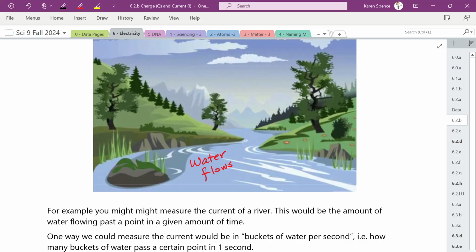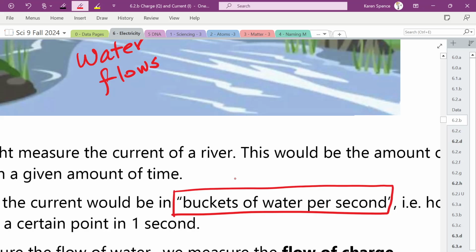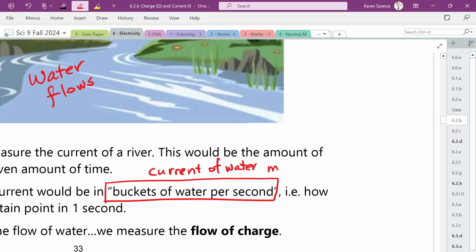And one way we could measure it is in buckets of water per second. So the current of the water could be measured in buckets of water per second.